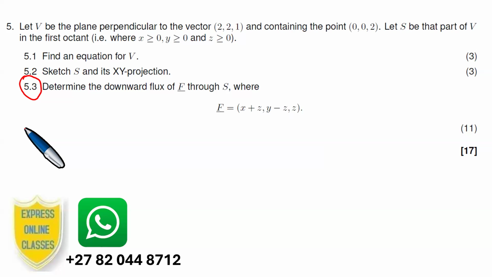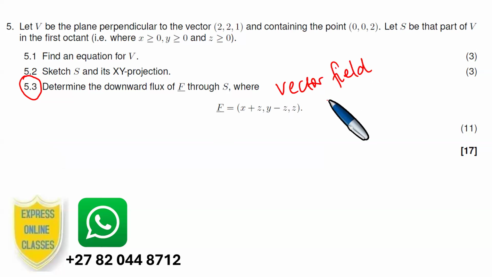Okay, let us determine the downward flux together. How do we find the downward flux? That is the question. How do we determine the downward flux of a vector field?